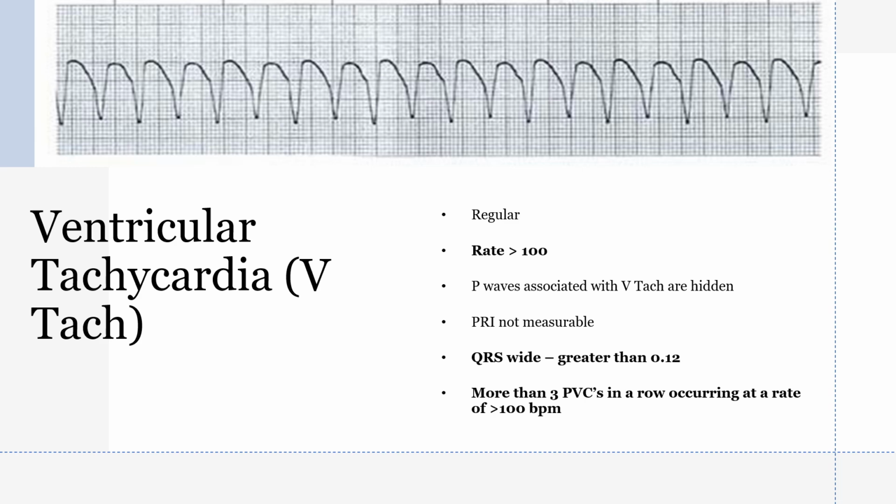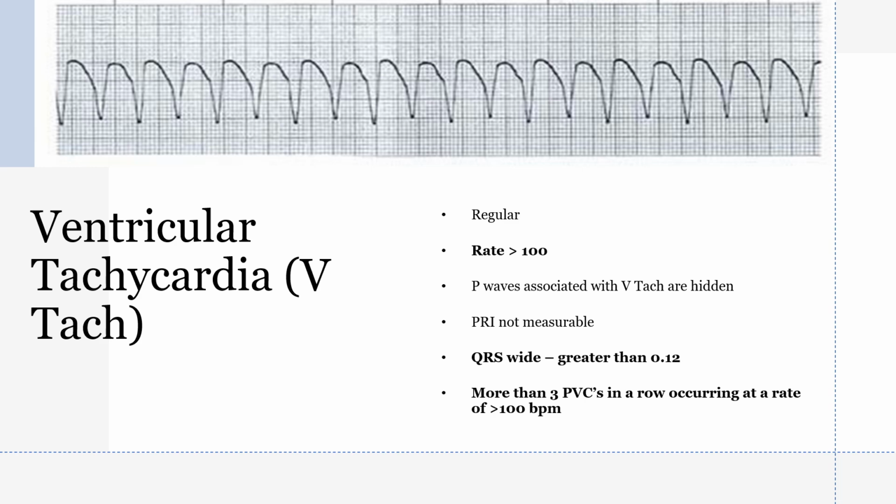So when we think of ventricular tachycardia, the rate is going to be regular. If we measure between these complexes, they're an equal distance apart. Tachycardia, meaning greater than 100. So the rate is going to be greater than 100. There are no P waves associated with VTAC because the ventricles have taken over all of the electrical activity.